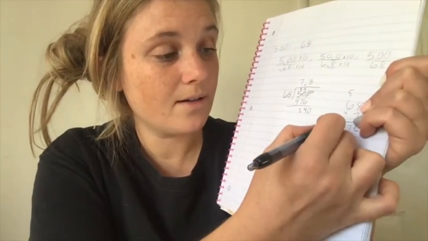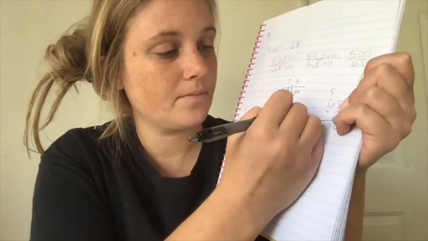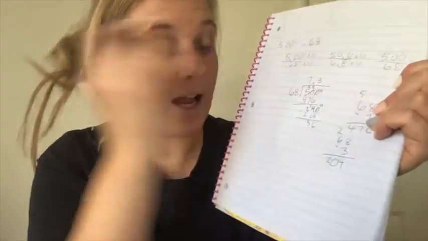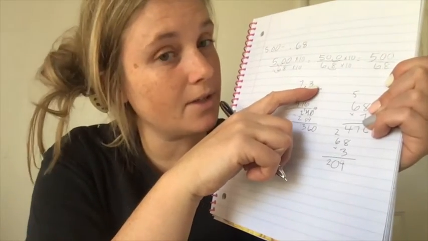So now 3 times 68. 8 times 3 is 24. 6 times 3 is 18, 19, 20. Subtract. 240 take away 204 is 36. Okay. We've got another remainder. Let's pull a 0 down. And remember, we're always just going to go 2 after the decimal. So we've got 1 after the decimal.